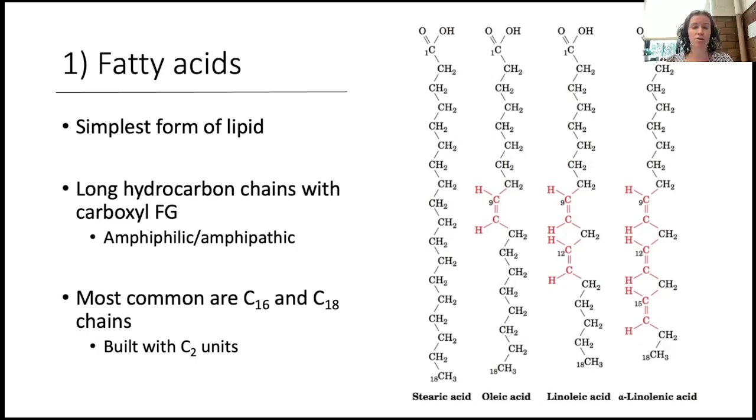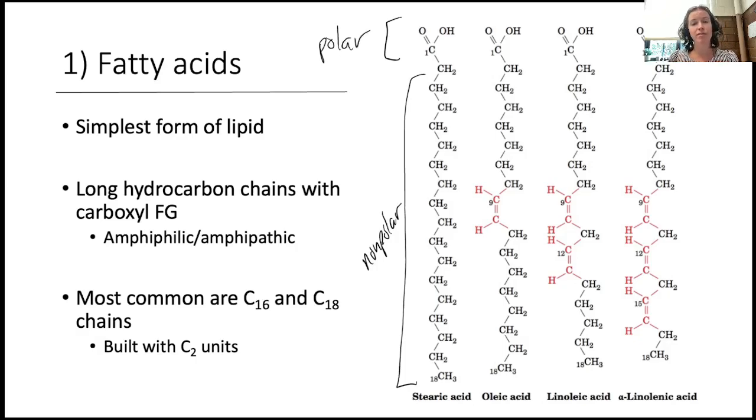Fatty acids. So this is the simplest form of lipid. This is kind of like the OG lipid. It is simply a long hydrocarbon chain with that carboxyl functional group at the top. Now we call this type of lipid amphiphilic, or synonymously amphipathic, because it has both a long nonpolar region and a polar region.